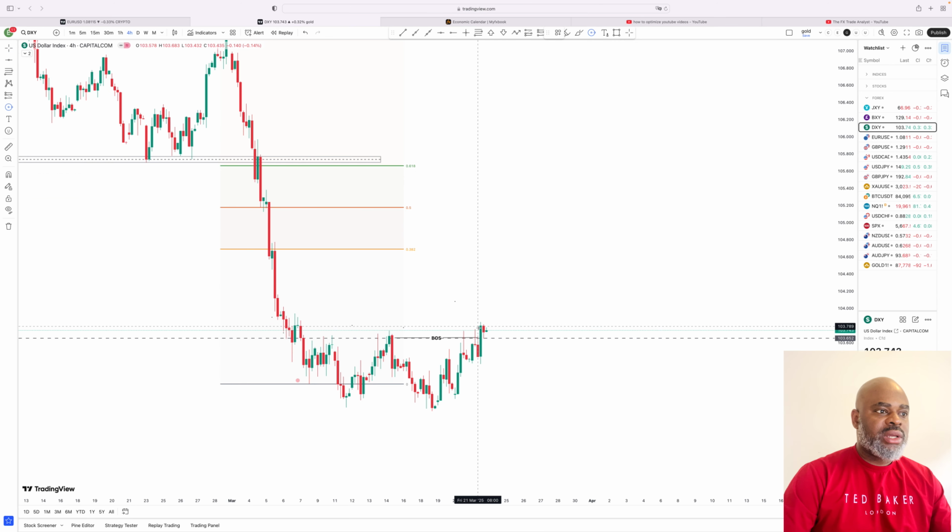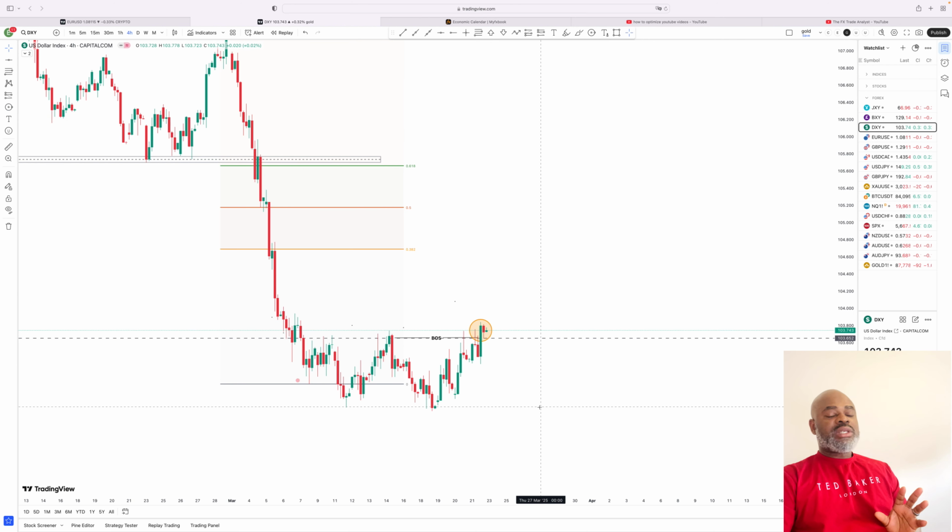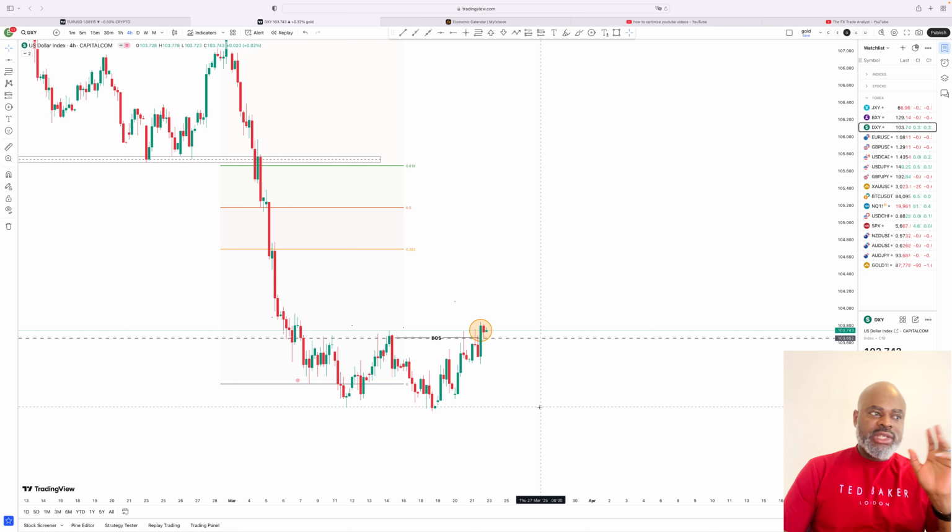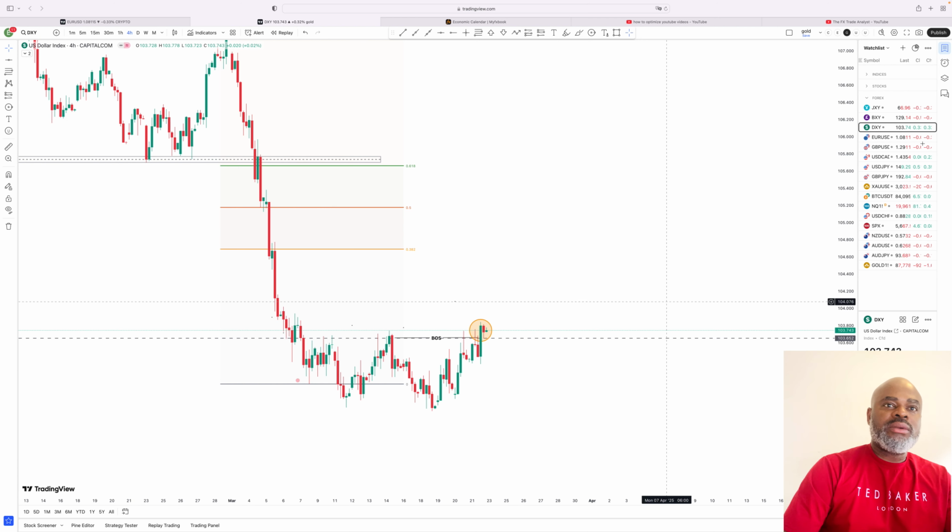If you notice here, a lot happened in the last week. This clearly shows that we might have a retracement, and this retracement will of course impact the rest of the currency pairs with the dollar in them.